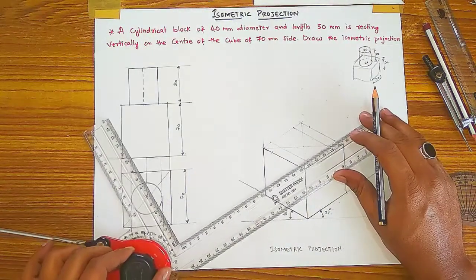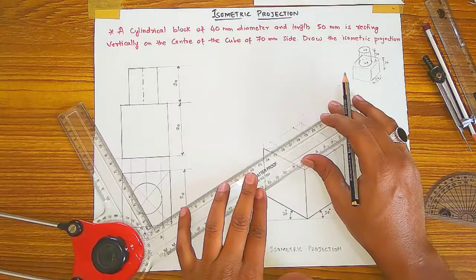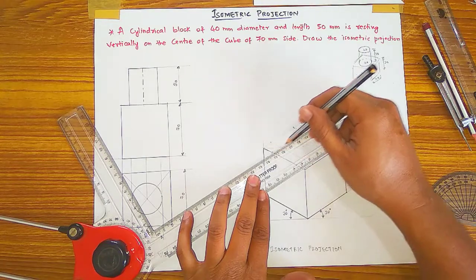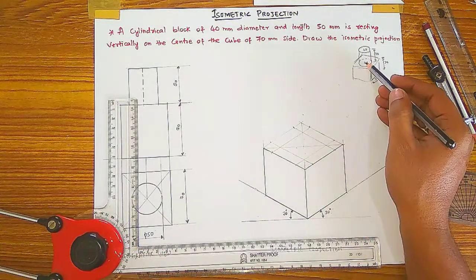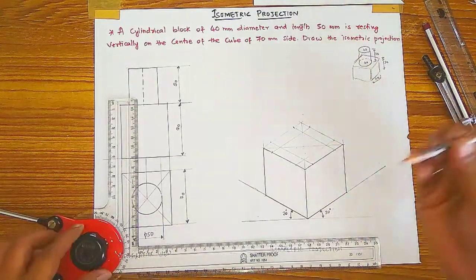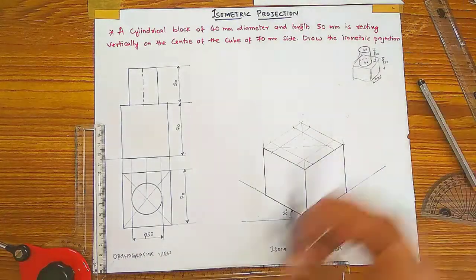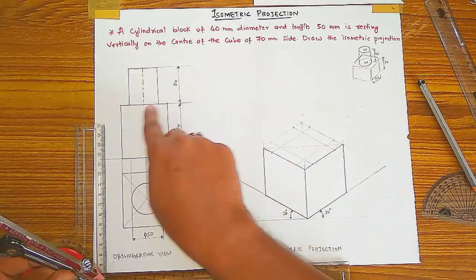Make the lines where you have put the arcs like this. Then after, this rhombus is created for this circle. So to draw this circle, we have to do the method of 4 center method. By 4 center method, we have to draw this cylinder circle.